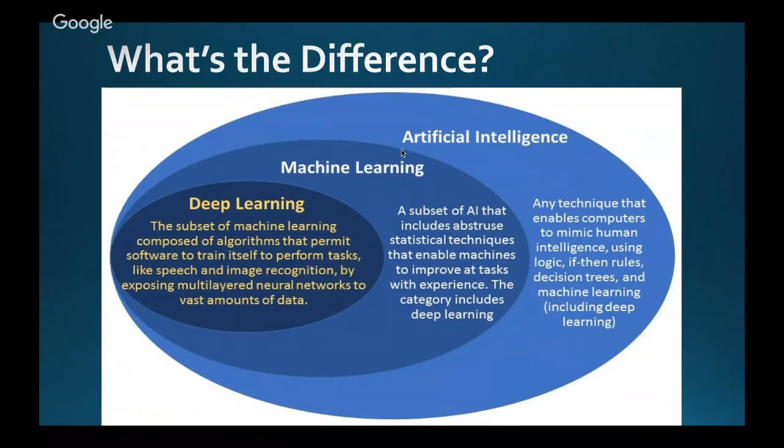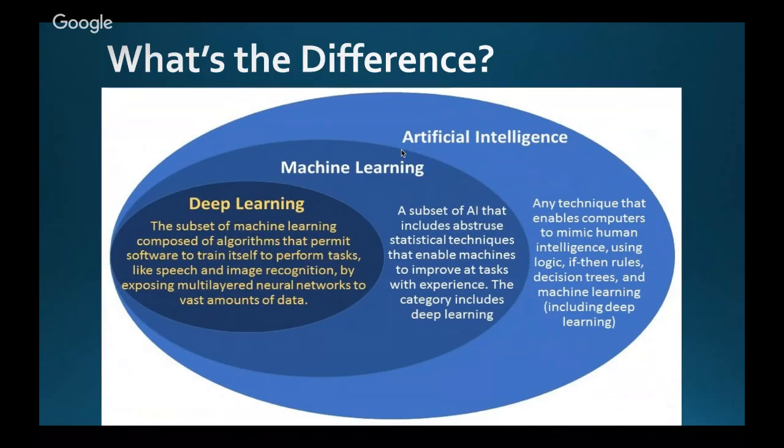So artificial intelligence is the superset of all technologies that enable computers to mimic human intelligence using logic, if-then rules, decision trees, and machine learning, including deep learning. Yes. So any kind of technology which enables a duplication of human intelligence in computers is known as artificial intelligence, in simple words.